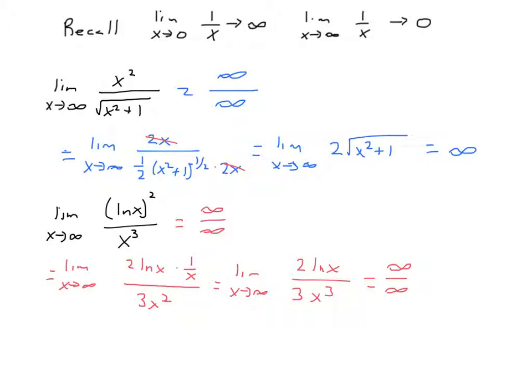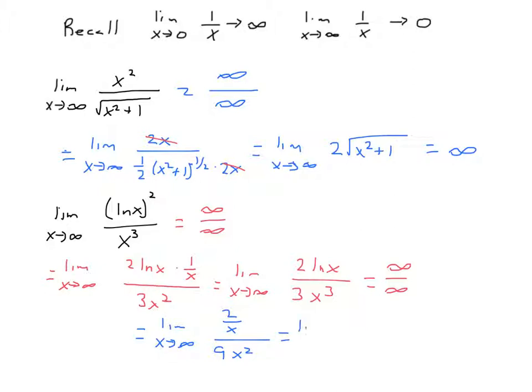So I know that that limit right here is going to equal, by L'Hopital's rule, the limit as x approaches infinity of the derivative of the top, which is going to be 2 over x, over 9 over x squared, which I can simplify.